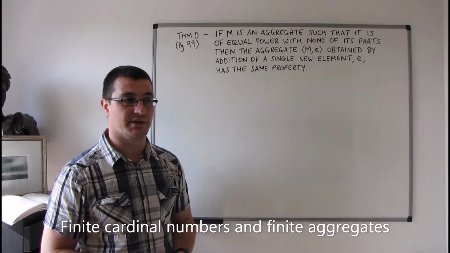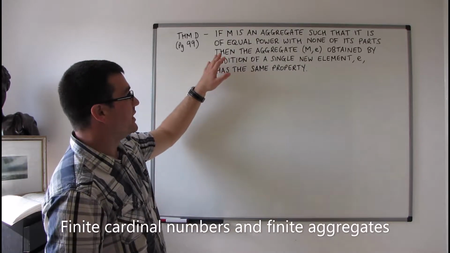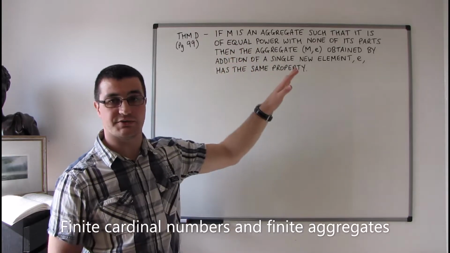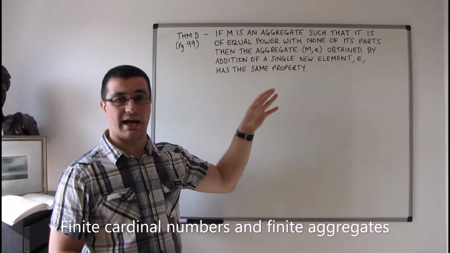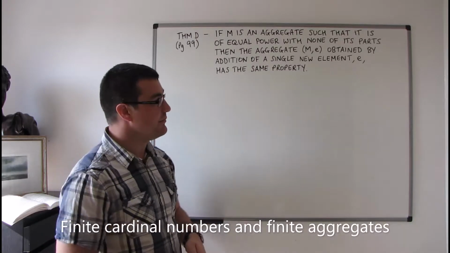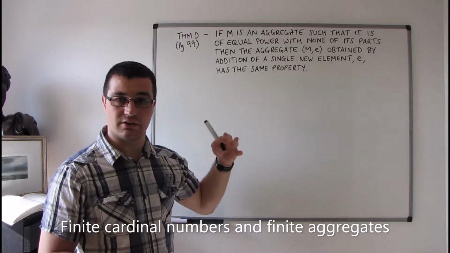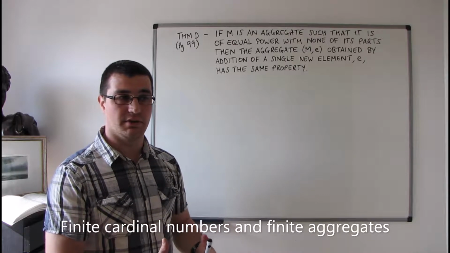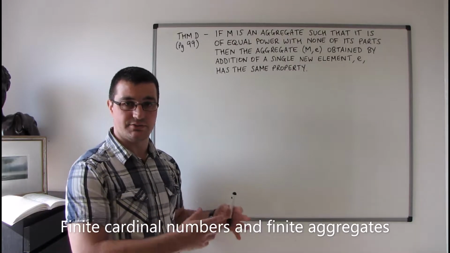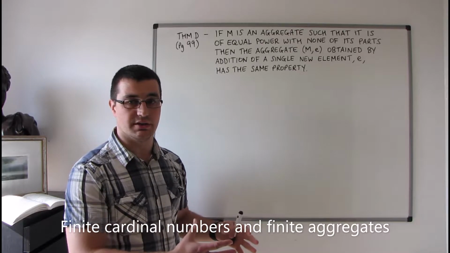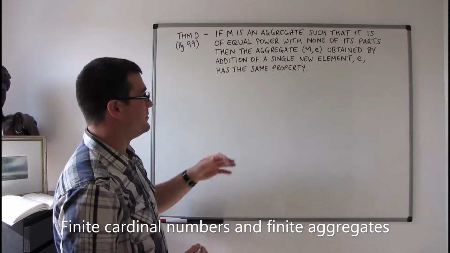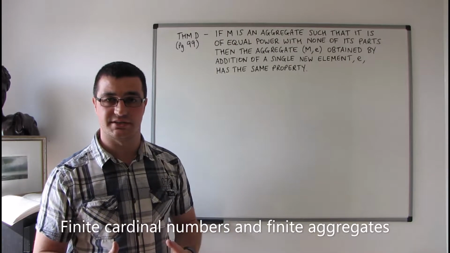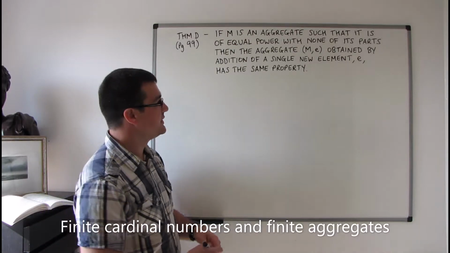If M is an aggregate such that it is of equal power with none of its parts, then presumably we can't consider M itself as a part of M, which is in contrast to the theorem that I mentioned earlier, which suggests that M can be considered as a part of itself.